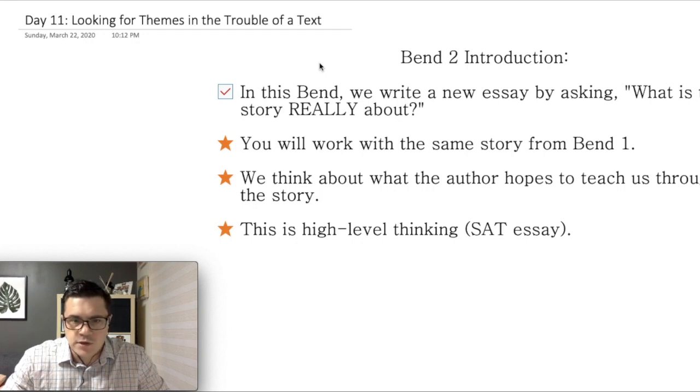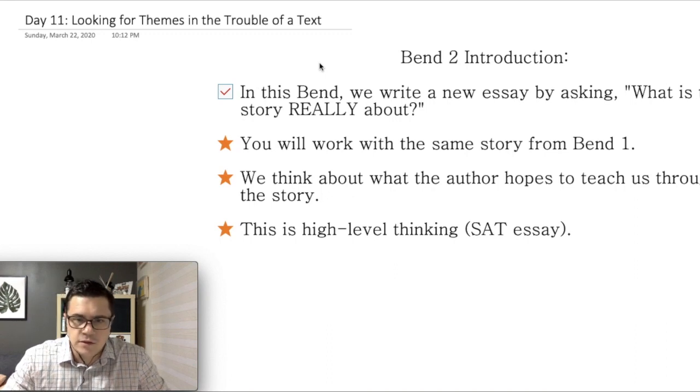And also I want to stress the importance of what we're doing in this part of the unit because this is really high-level thinking, writing about the theme of a text. So when you get to high school, and when you write essays in high school, when you write in the SAT, and then later in university, most of the writing you do will be analyzing a text, reading a text and discussing the author's message and discussing how the author supports that message.